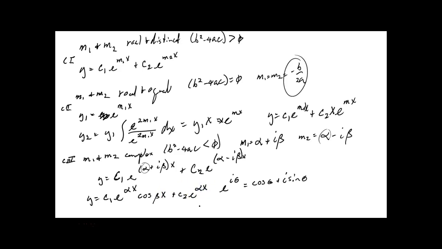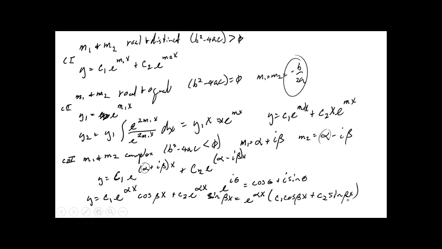That doesn't change, plus, no, I'm sorry, times sine of beta x. So you could factor out the e to the alpha x from both terms, e to the alpha x times c1 cosine beta x plus c2 sine beta x.